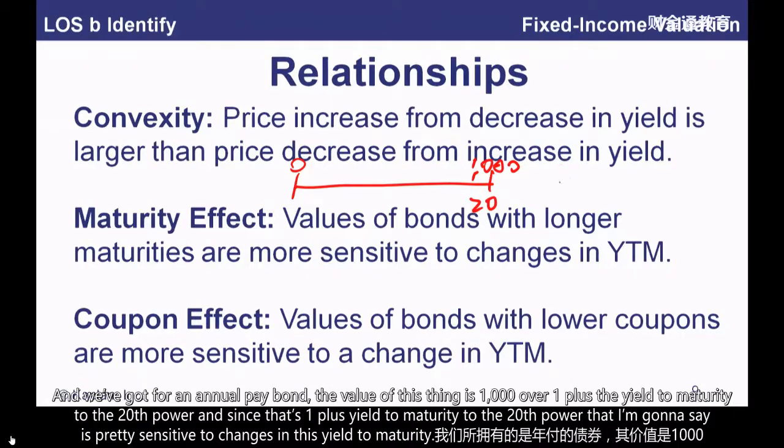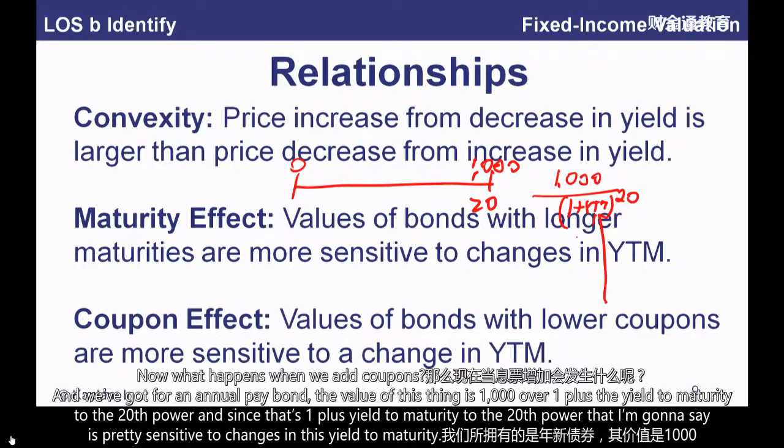And for an annual pay bond, the value of this thing is 1,000 over 1 plus the yield to maturity to the 20th power. And since that's 1 plus yield to maturity to the 20th power, that, I'm going to say, is pretty sensitive to changes in this yield to maturity.